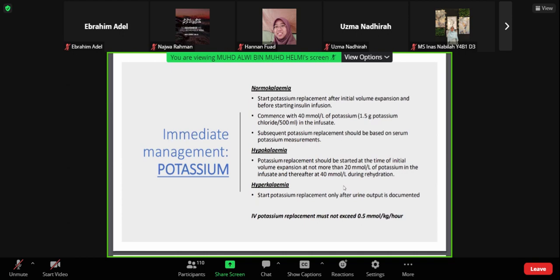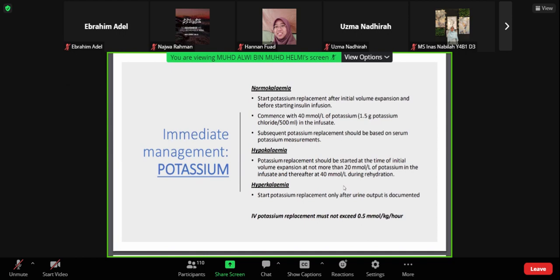Okay, so if hyperkalemia, you don't start potassium straight away. You start potassium after the first fluid. If the patient is hypokalemic, you start straight away. If the patient is normokalemic, remember, you start potassium after fluid.